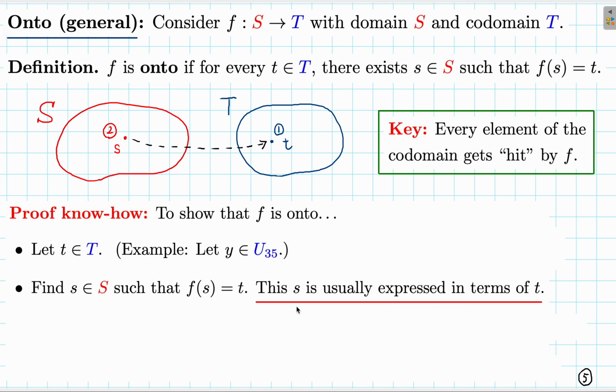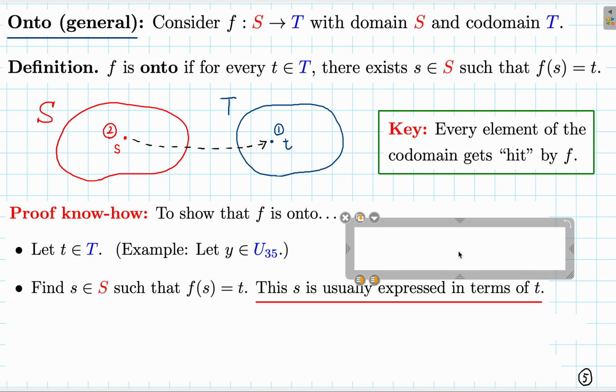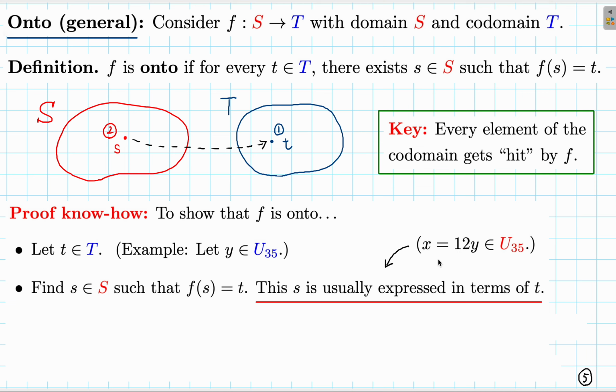And the key thing is that this s, little s, is usually expressed in terms of our element little t. So for instance, in our sample proof, we let x be 12y. Now, that was expressed in terms of our original codomain element.